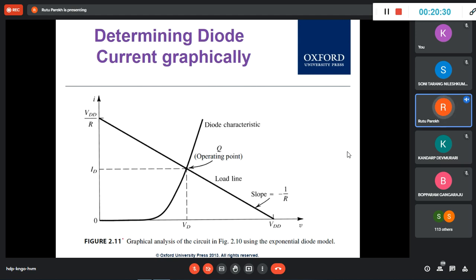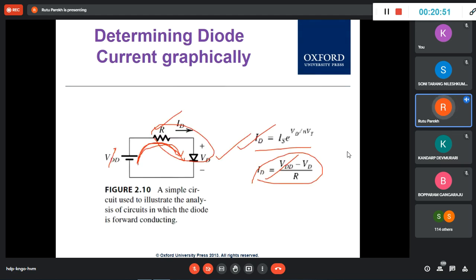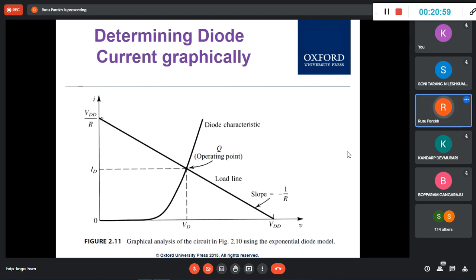Here V is 0, here I is 0. When you plot, you will get this line, which is cutting I at VDD by R. In this equation, if you put this as 0 one time and then the other, you will get the intercepts, and you will get the line where it intersects here.